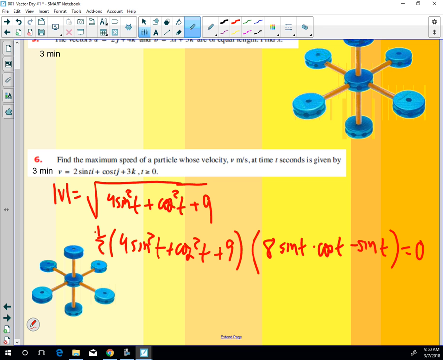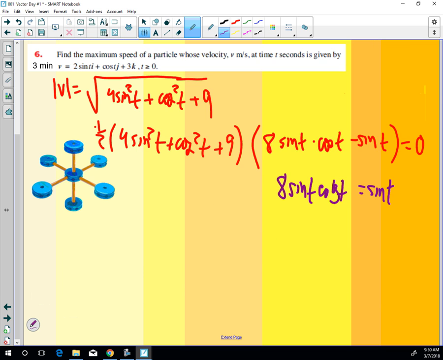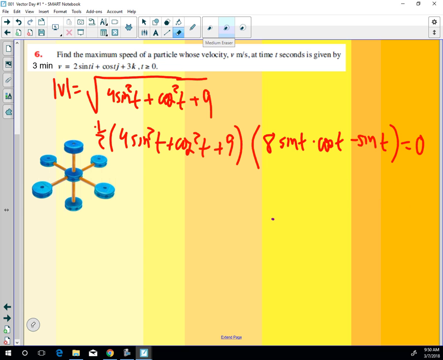Let's try this one. 8 sine t cosine t equals sine t. And so I think you could divide by sine. What we probably should do instead, let's do it this way. 8 sine t times cosine t minus sine t equals 0.